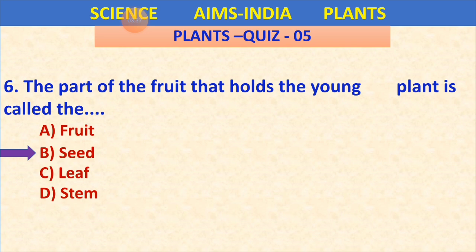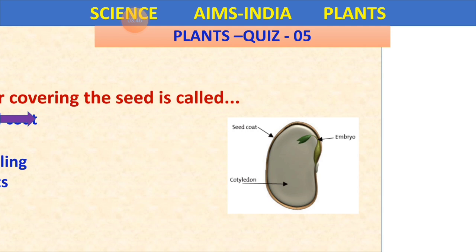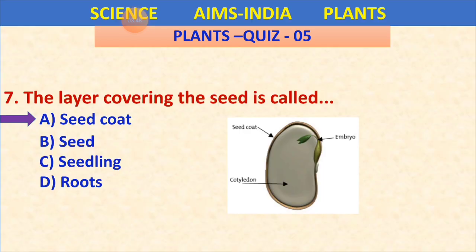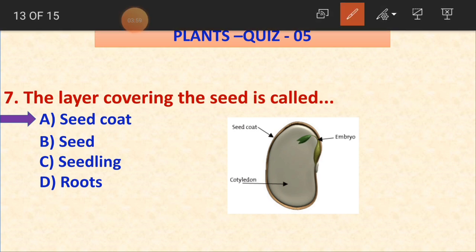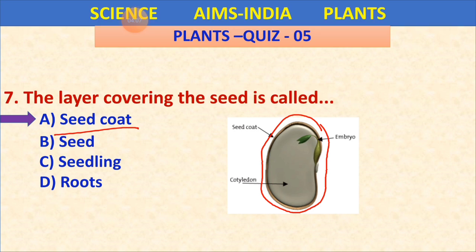Next, the layer covering the seed is called what? The layer in the sense of the outer part. This part is known as the seed coat.